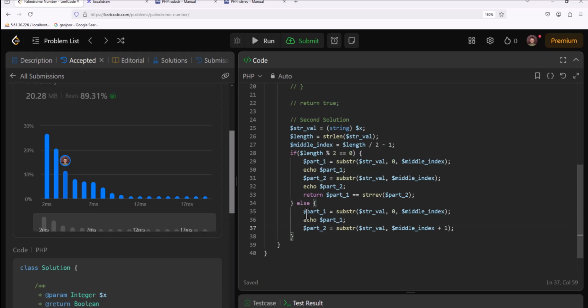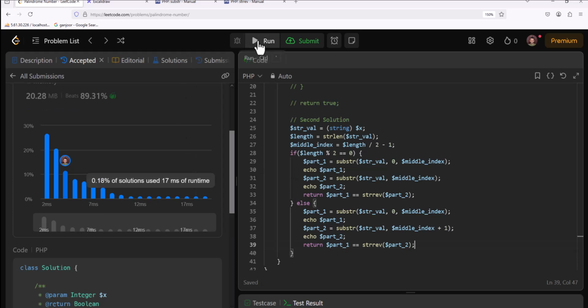Okay, so let's try this, and I will refactor the code if it worked. So part 2 would be something like this, and return part 1 equals strrev of part 2.